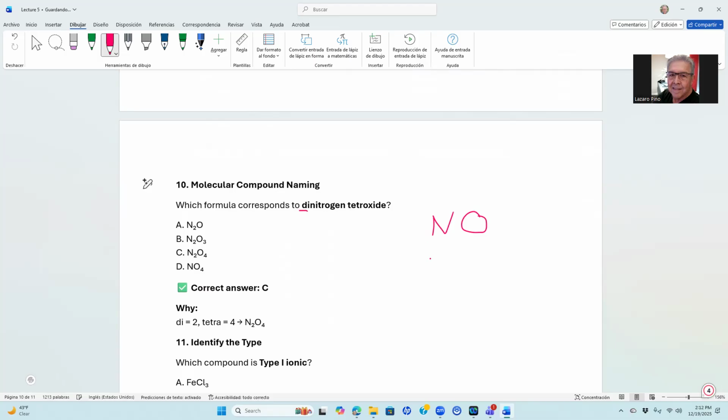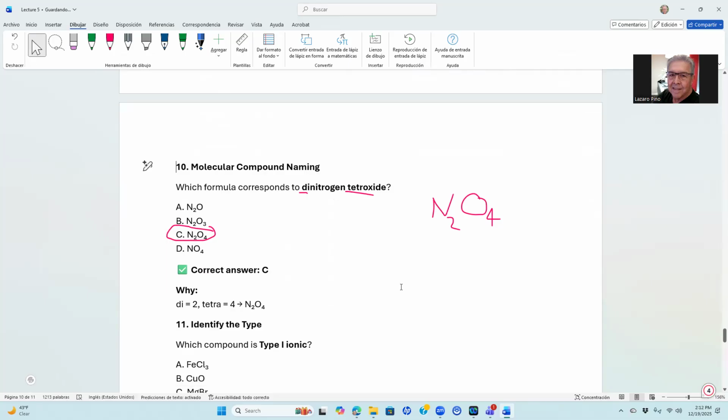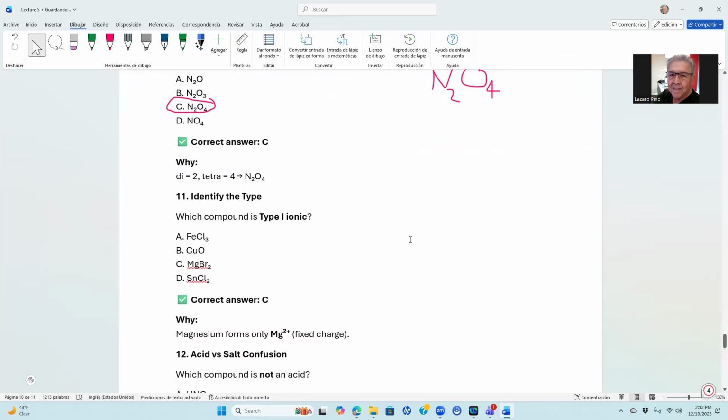Di means two, and tetra means four. And this is the compound. The compound is C. Then, if you don't understand, you stop the video and go back and watch it again and again until you understand all these concepts.